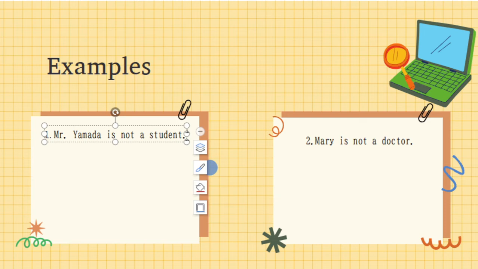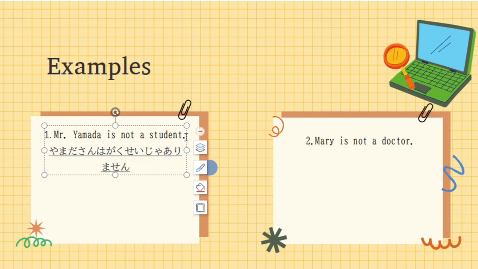That is positive, so this one is the negative. Yamada-san wa, the wa plus the noun Yamada, and then gakusei ja arimasen. So that is Yamada-san wa gakusei ja arimasen. That is, Mr. Yamada is not a student.